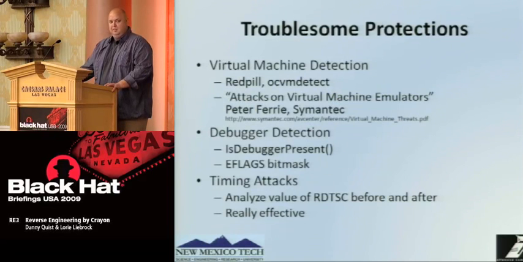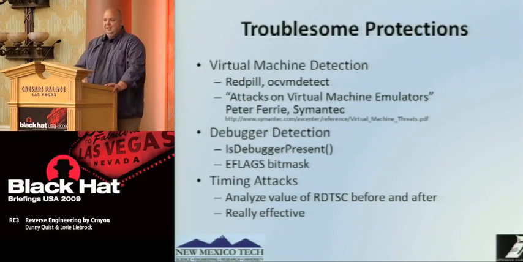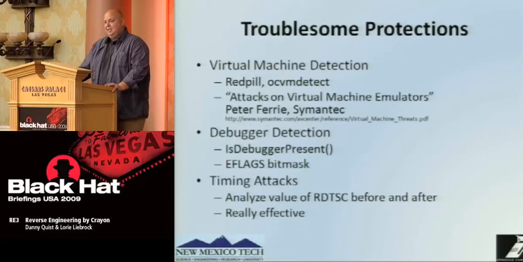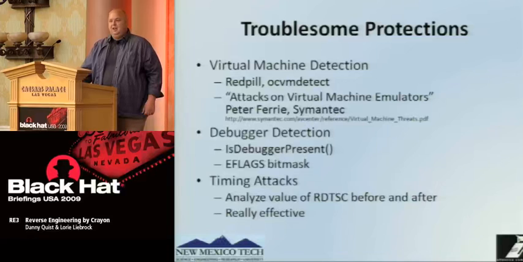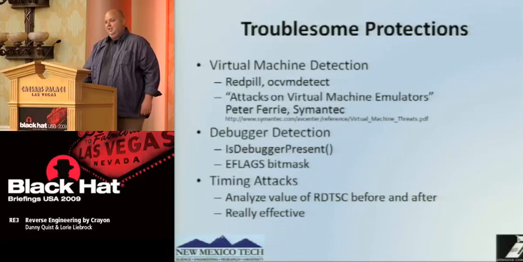Then we have the debugger detection. This is things like looking at the process environment block to see if the IsDebuggerPresent flag is set, and also looking for the trap flag inside of the EFLAGS. Timing attacks: by looking at the time stamp counter inside of your code, you can measure the time between when you take that initial view of the time stamp counter, execute a couple of instructions, and then look afterwards.